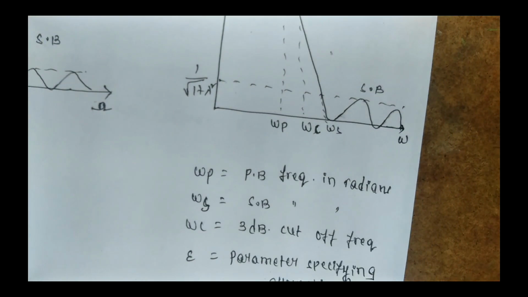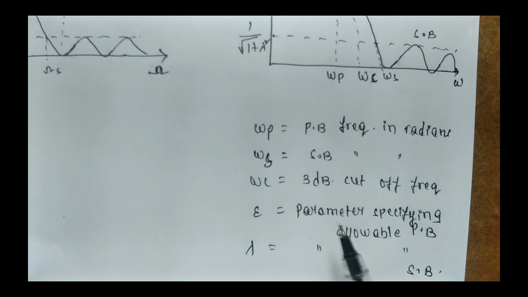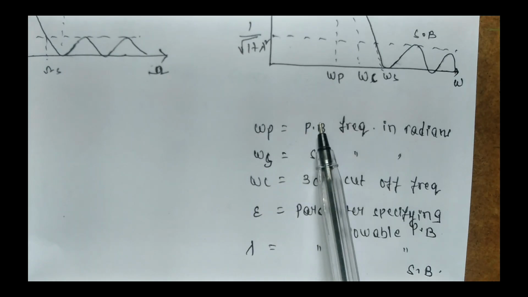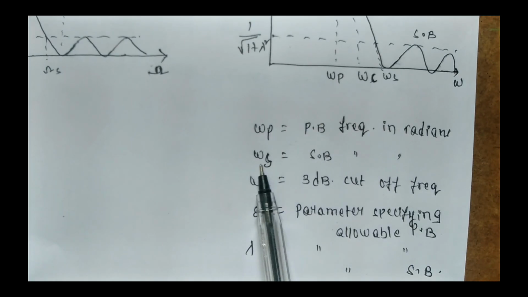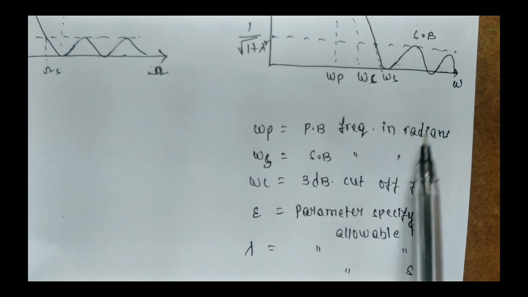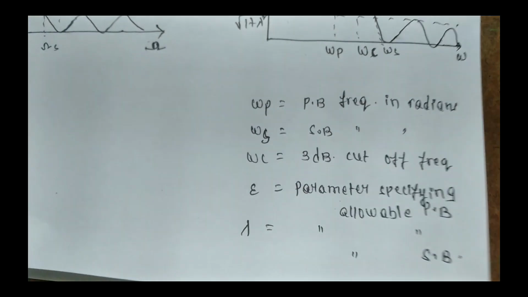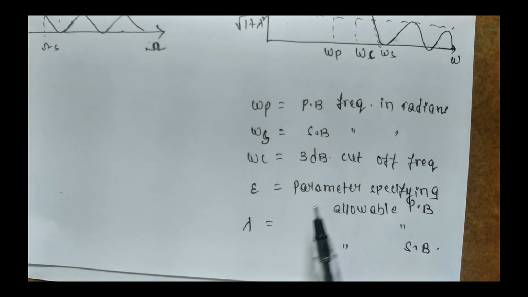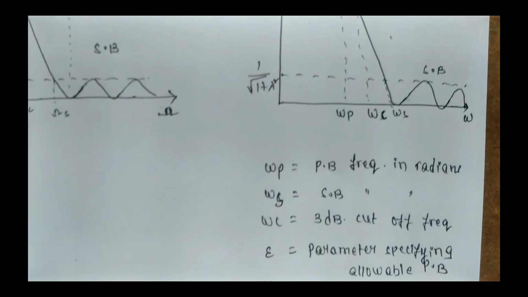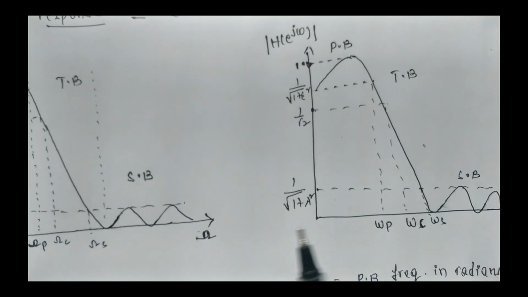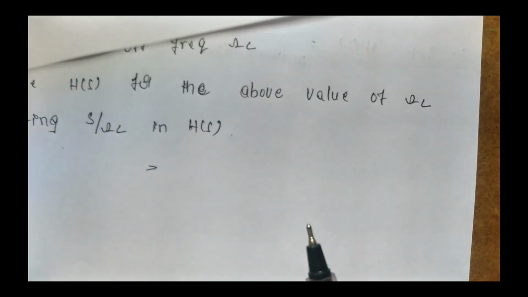Omega p is the pass band frequency in radians, omega s is the stop band frequency in radians, omega c is the 3 dB cutoff frequency, and epsilon and lambda are the parameters specifying the allowable pass band and stop band. So this is how to read the graph or response of the system.